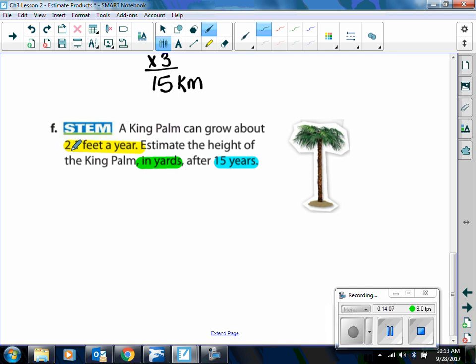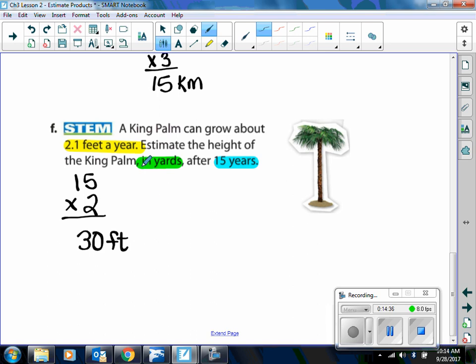Okay, so we have 2.1, that's going to round to 2 feet per year. And we want to know for 15 years, so that's going to be times 15. So can I just put the times 15 on top so it looks better? So that's 30. 30 what? 30 feet, right? That's 30 feet in 1 year.